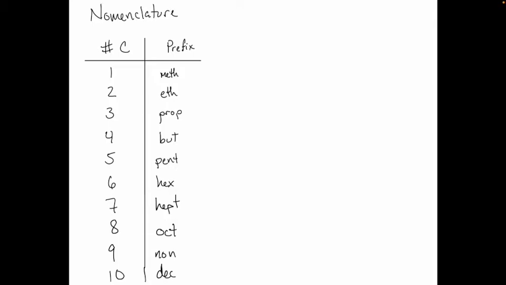Just like when we were naming alkanes, these prefixes are going to be really important. Now that we're talking about alcohols, what we're going to change is the suffix. Let's remember: we had four carbons, what did we call this without any other special functional group? This would have been butane.